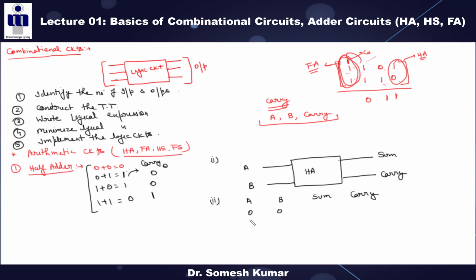You all know 0 0, 0 1, 1 0, and the 1 1. We already discussed this thing here, right? So what is the sum of 0 and 0? Sum is 0, carry is also 0. What is the sum of 0 and the 1? 1, carry 0. What is the sum of 1 and 0? 1, carry 0. What is the sum of 1 plus 1? Sum is 0, carry is 1, right?